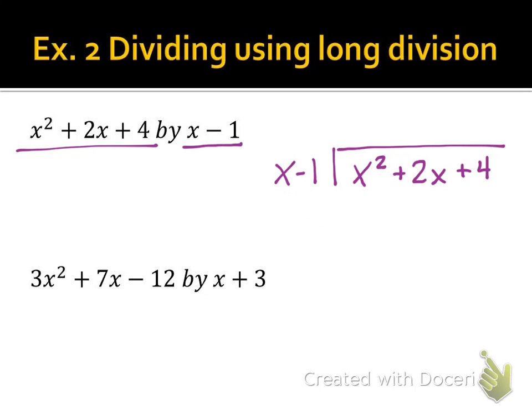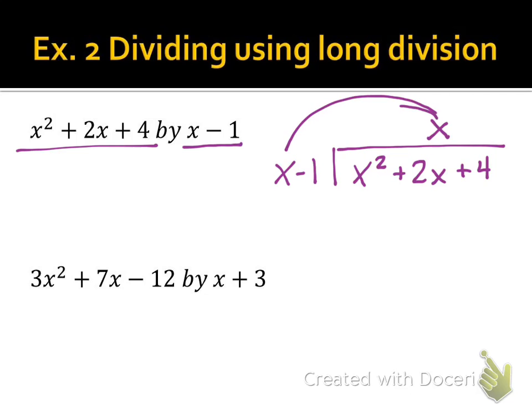So this is what I do. Ready? I say, all right, since I need to multiply it by x, I write the x right up there. Now, you always want to line up like terms. Always. I would never write that x over top of x squared because they're not like terms. Okay? So I write that x there.